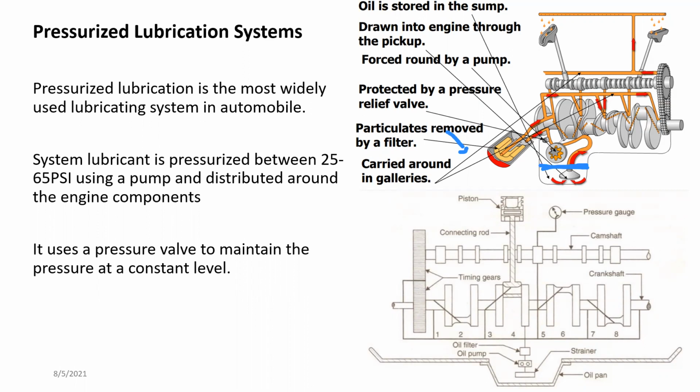It varies from 25 psi to 65 psi usually, but for a healthy engine it should have at least over 40 psi. This lubricant then passes through a filter, where it filters out any contaminants or debris, and goes into a component called the oil galleries.